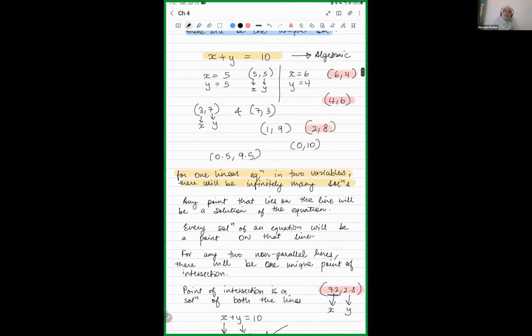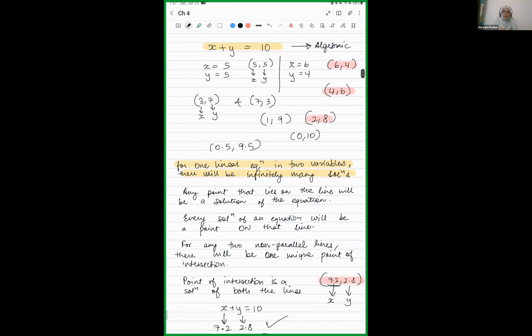But when you have a linear equation in 2 variables, how many solutions can you have? If you say that x is 2, your y becomes 8. 2 plus 8 equals 10.